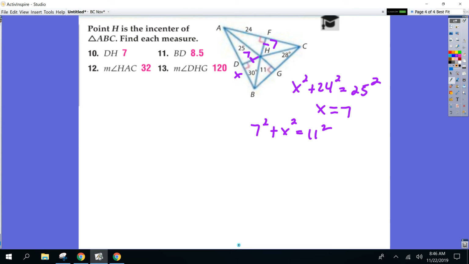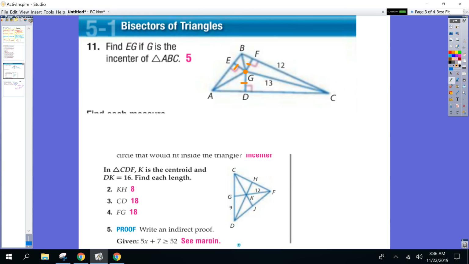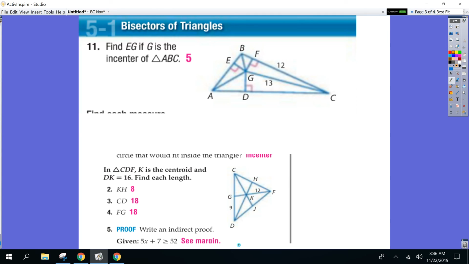Yep. So on the test, I'll have rounding directions if I need it. Jenna. Okay, same thing as the previous one. G's the incenter, right? So I know based on the definition that it's equidistant from the sides, GD is congruent to GE is congruent to FG.